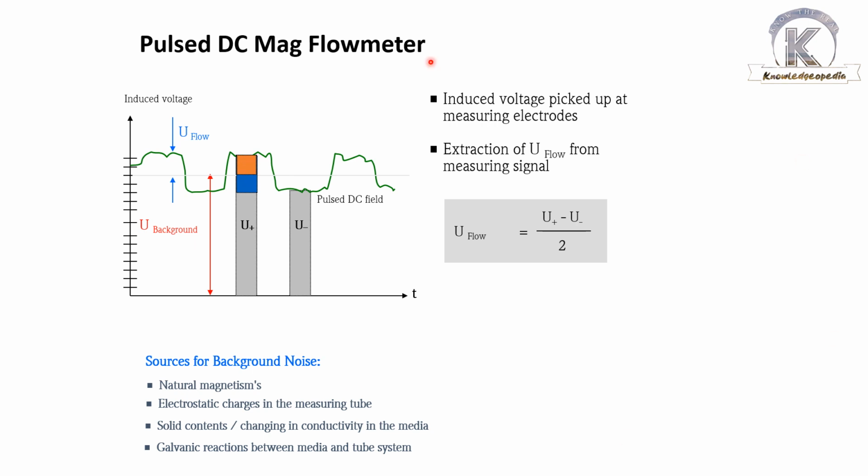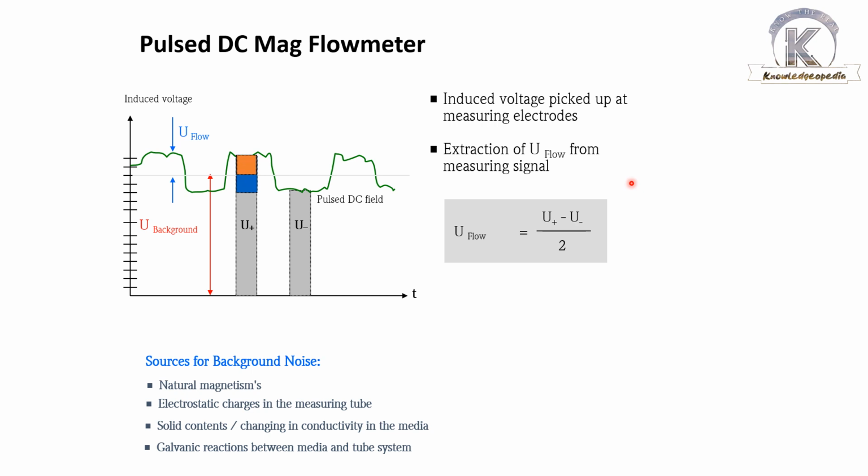Let's have a look at some recent technology of the pulse DC magnetic flow meter. I have already given a few ideas about how it works and its structural design.